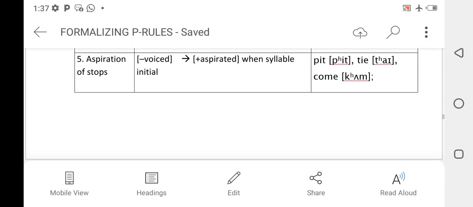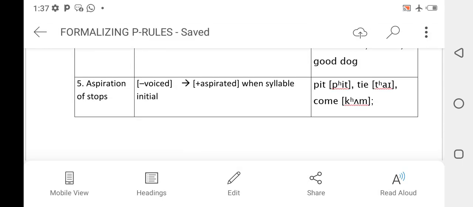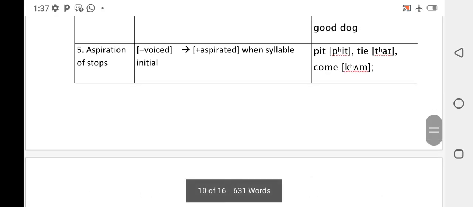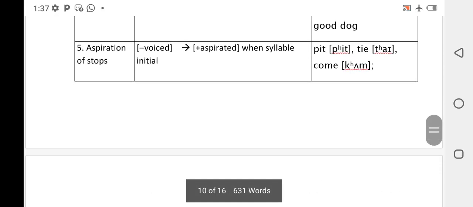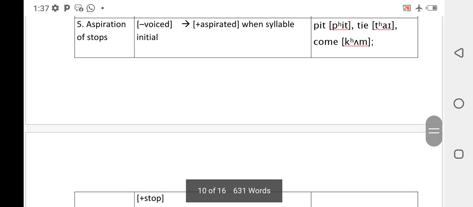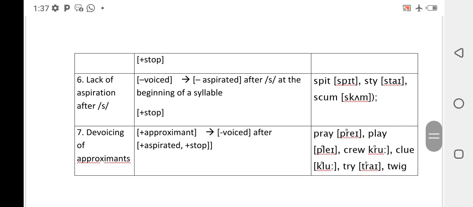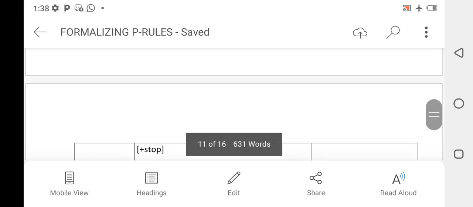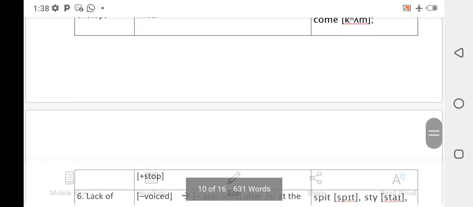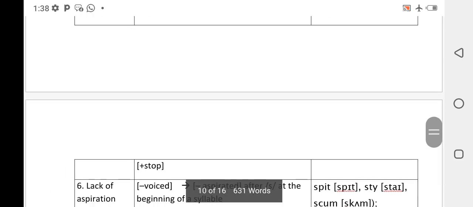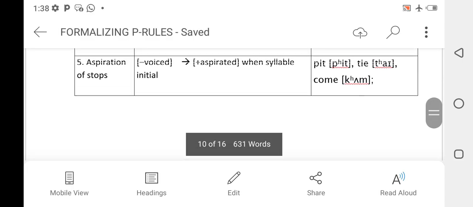You look at what I am doing here: you have minus voice, and when we go down here, we see plus stop. Minus voice plus stop shows that it is a voiceless stop.